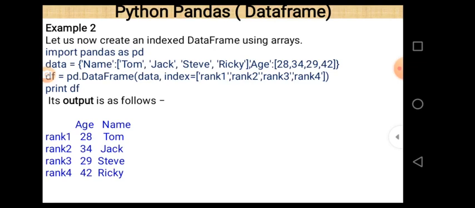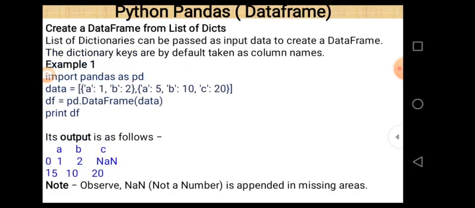Age and name are the names of columns. Rank 1, rank 2, rank 3, and rank 4 are the names of index values. And 28 Tom, 34 Jack, 29 Steve, and 42 Ricky. These are the data.